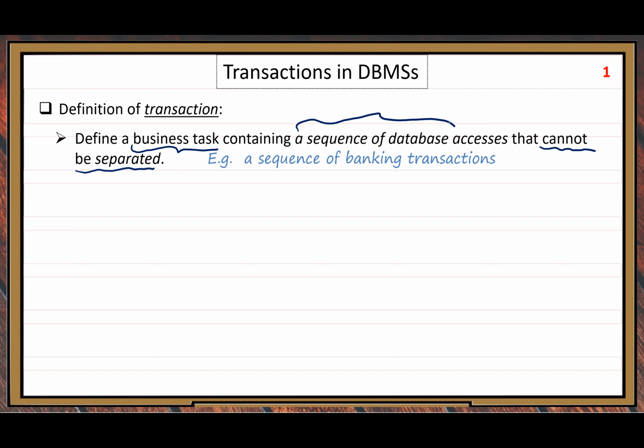But think about when you do a sequence of transactions for your banking in multiple accounts, and when you work in the middle, suddenly the system breaks down, crashed. You cannot complete your whole job.